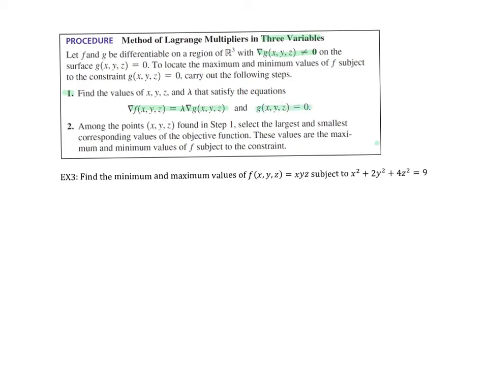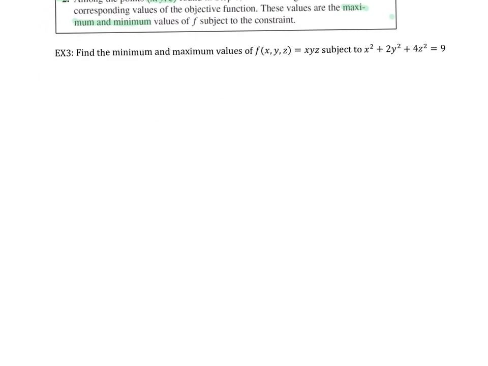If necessary, set your constraint equation equal to 0 so you can identify the correct gradient. 2, find all points x, y, and z. Check to make sure that they're on your constraint function, and then plug them into our function to find our maximum and minimum values. So the process is the same, it's just algebraically it's going to be a lot more difficult.